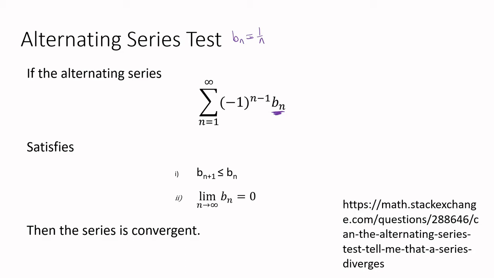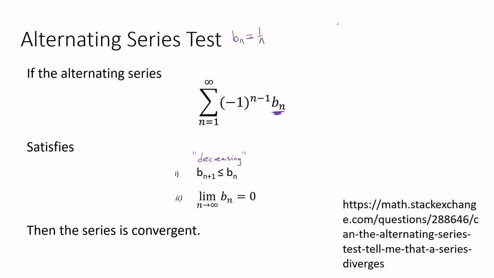If our b sub n satisfies that the next term in the sequence is always smaller than or equal to the previous, so you can think of this almost like a function that's decreasing, and we can show that the limit of the b sub n terms goes to 0, then the series is actually convergent.